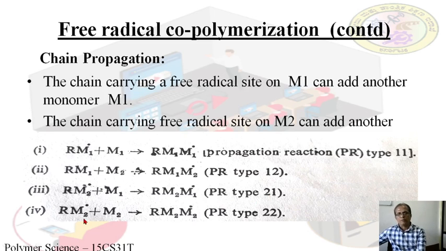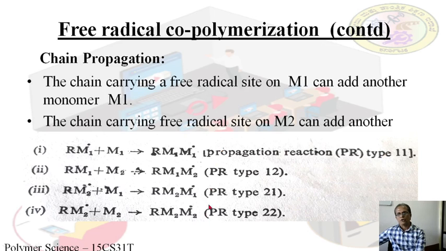Now the fourth possibility is that another initiated molecule will come in contact with the similar monomeric unit. Then again the linking up of this will take place, as you could see here. Now this is propagation type 2,2 we call.